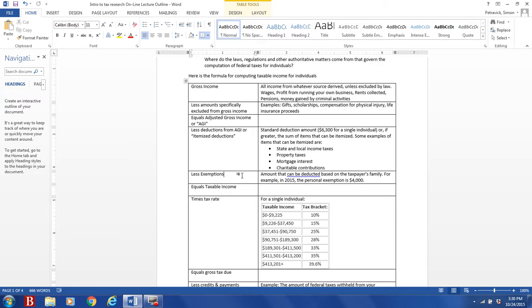So a single person, $4,000, husband and wife, $8,000, husband, wife, one kid, $12,000, and so forth. So now that you've subtracted the specifically excluded items, itemized deductions, and exemptions, you get to a number called taxable income.